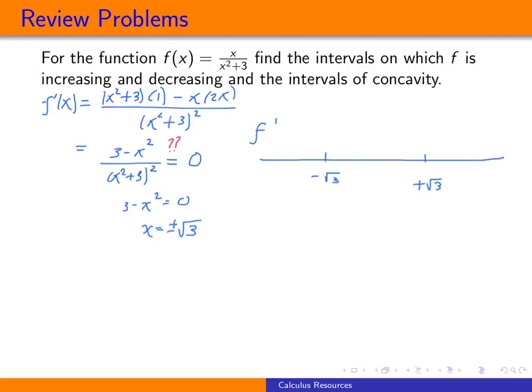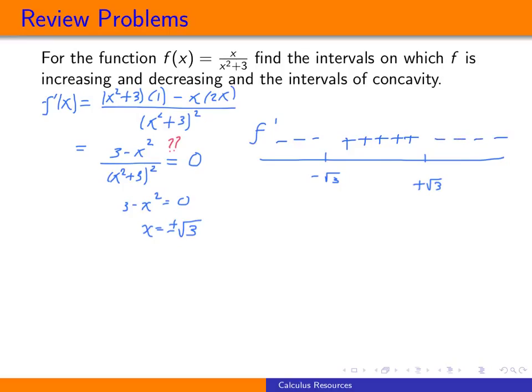If we plug into the numerator a number such as, say, minus 5, you would end up with 3 minus 25, which is negative. So f prime will be negative. If you plug 0 in, it's positive. If you plug in a large number like, say, 10, it's clearly negative.